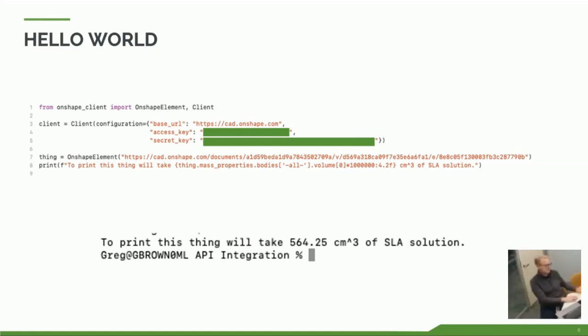So this is completely headless. You don't need a web browser running or Onshape running on anything. It's just me interacting with the Onshape service in the cloud. Your app could be doing this. Your app can be getting and posting to its heart's content.